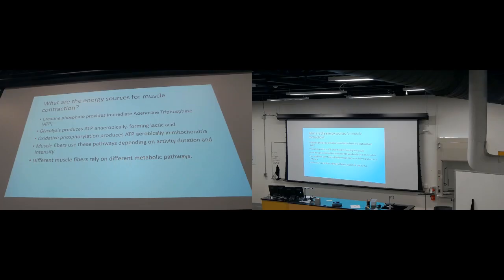And also we have glucose available and glycogen that through glycolysis can generate ATP anaerobically, and at the same time you form lactic acid or lactate that can make your muscles sore after you run out of nutrients. And then you have within these cells as well oxidative phosphorylation that produces ATP in the mitochondria.